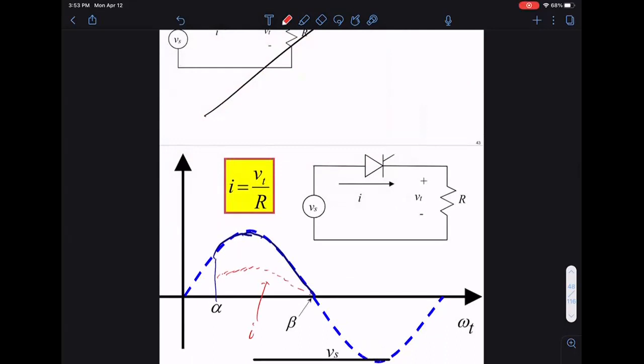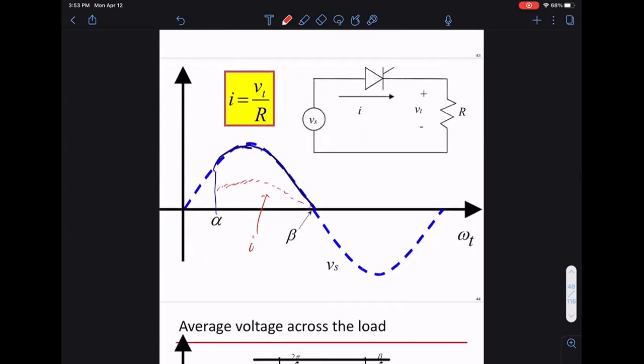The current turns on at the same triggering angle as the voltage. Here alpha is the turn-on angle, and beta equals pi, so it will turn off at angle pi.